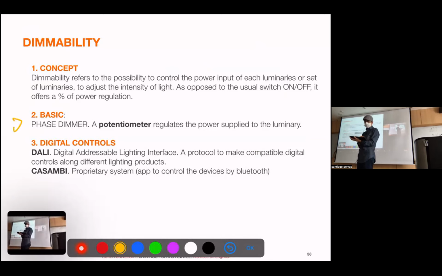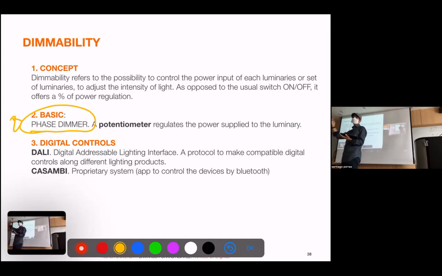The basic one is a phase dimmer, an old-fashioned one, changing the electricity intensity, and when you have less power, you have less light. Right? It was very easy with incandescent light or halogen. You have less power, and you have less light. But we have, especially with LED, not only LED, but mostly LED, intelligent electronic controls. And this is in development.